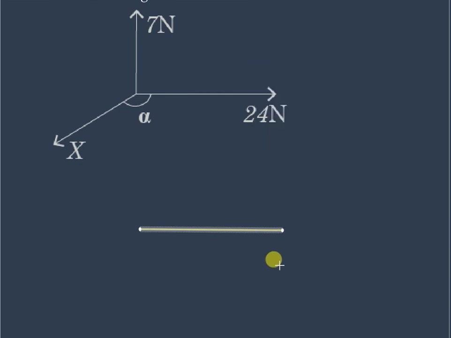Where that one ends, you have the 7 newton force upwards, and where that one ends, you have another force in that direction. And that one is basically our triangle of forces. You have 24. You maintain the direction of the forces, I told you, and then 7 newtons vertically upwards, and then x.